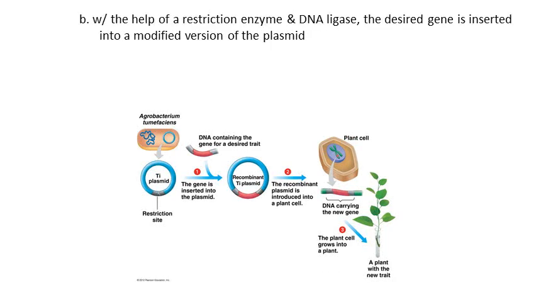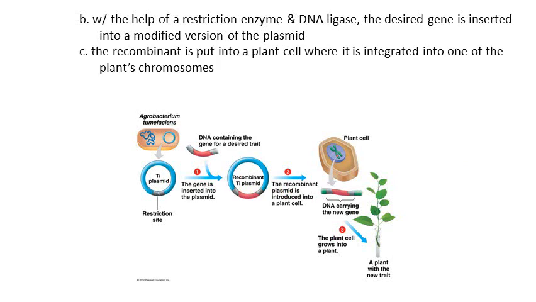Now, this involves what we described before: getting the gene into, say, a plasmid, getting that plasmid to make its way into a plant cell, and then the gene can get into one of the plant's chromosomes, and in doing so, the plant has this new beneficial trait that it didn't have before.